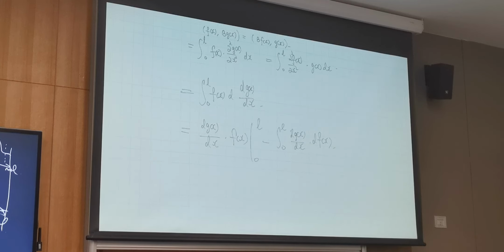And then I have to do one more step: dg(x)/dx times f(x) evaluated from 0 to L, minus g(x) times df(x)/dx evaluated from 0 to L, plus the integral from 0 to L of g(x) multiplied by the second order derivative of f(x), dx. The last part is exactly our target.